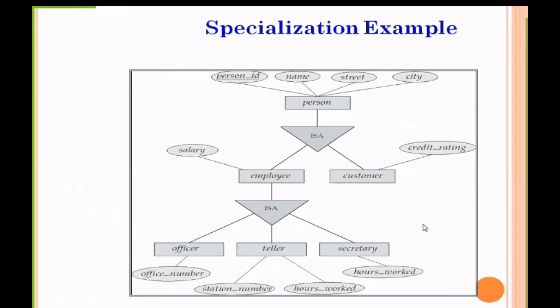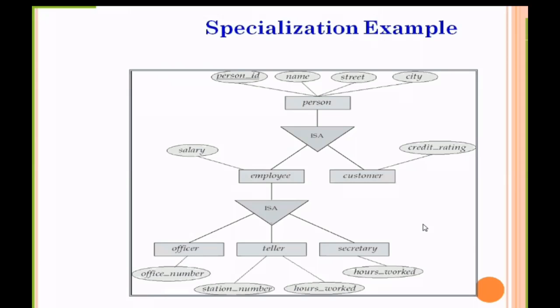This is an example of specialization. As we come down from person class to employee class or customer class, we are adding some special properties to both classes. That is the process of specialization.